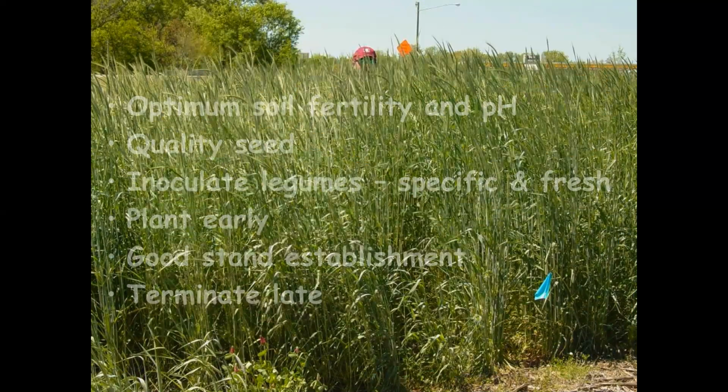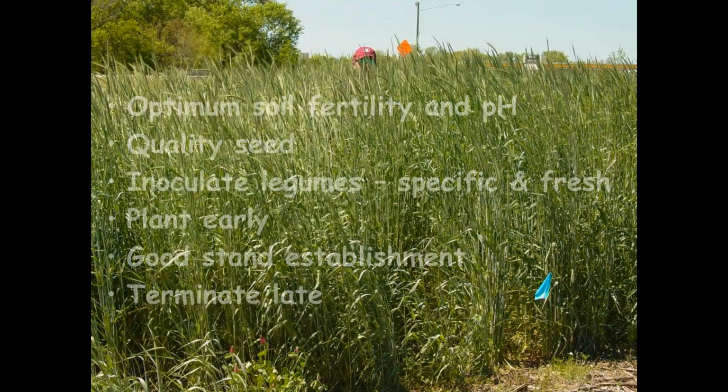But that said, in order to really get advantage of these cover crops, we need to optimize the conditions and maximize the growth of them. You need to start out with optimal soil fertility and pH, just like you would any row crop, quality seed, inoculating any legumes with the right inoculant, fresh, make sure it's alive.